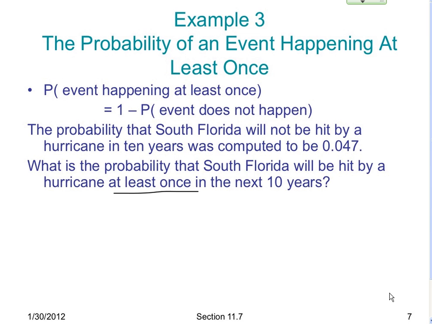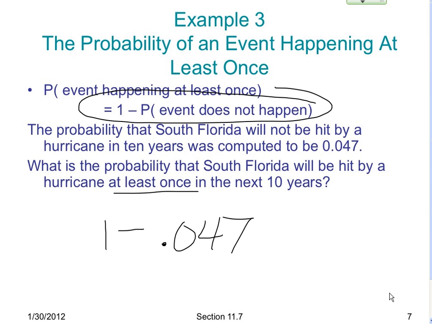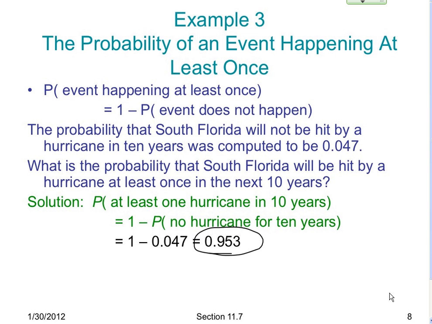We're going to use this formula, 1 subtract the probability that it does not happen, and we get 0.953. So the probability that South Florida will get hit at least once in 10 years is actually a pretty good probability.